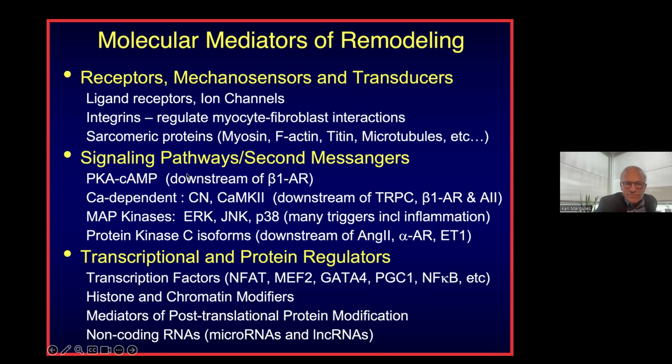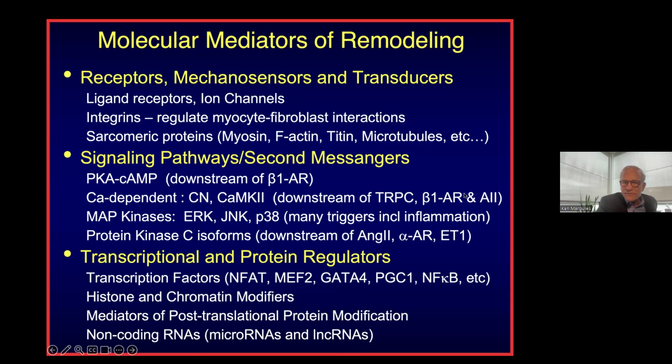Then there are those signaling pathways, those complicated things that were on that slide, and they are typically specific to individual upstream ligand receptors or ion channels, right? So the beta-adrenergic receptor triggers its signaling pathway, PKA, cyclic AMP dependent. There are calcium-dependent signaling pathways like calcineurin or calcium calmodulin kinase, and downstream.